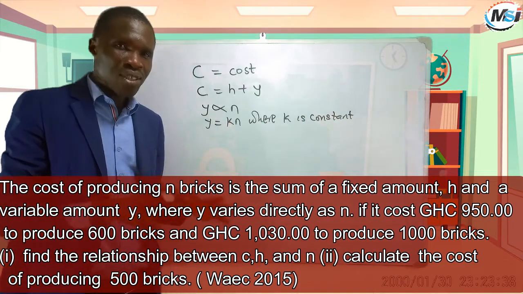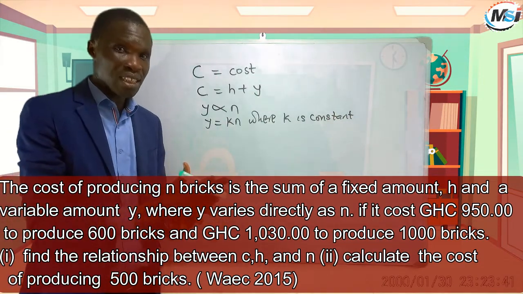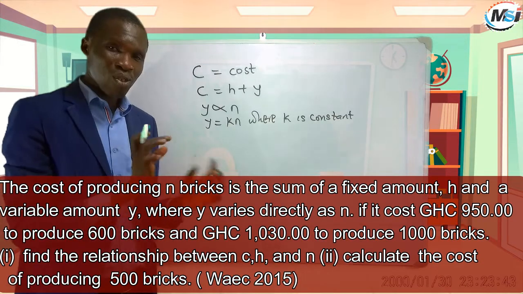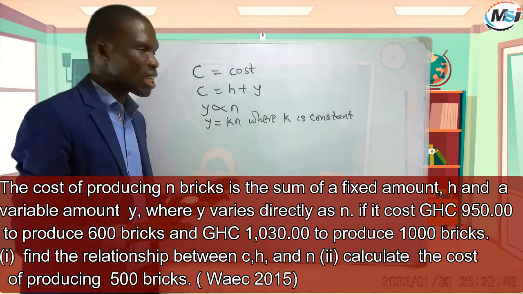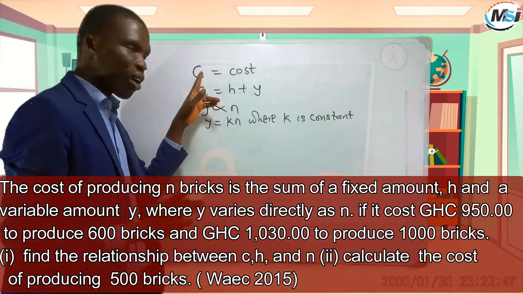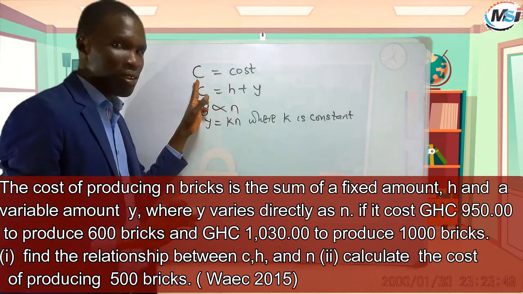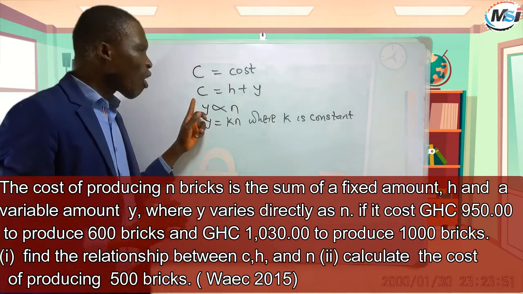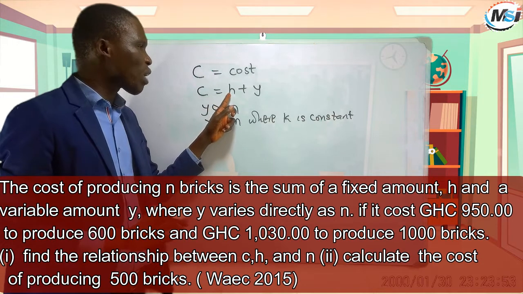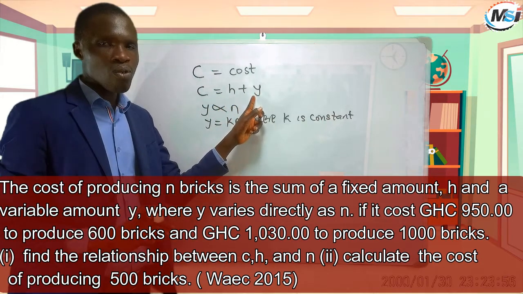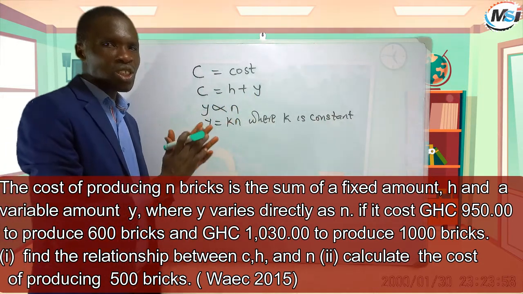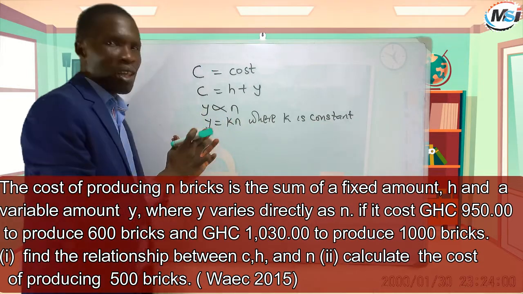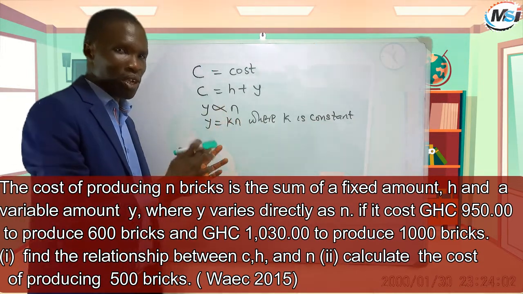You need to interpret this question step by step. Now, the first thing, I want to go back again. The first thing is, from the question, cost represents C. Now, cost is equal to H plus Y. Why? Because H is fixed and Y is variable.